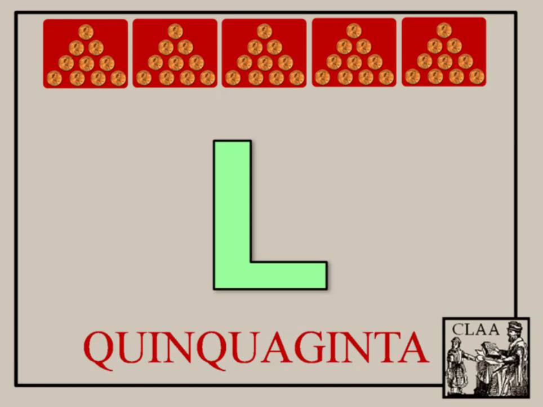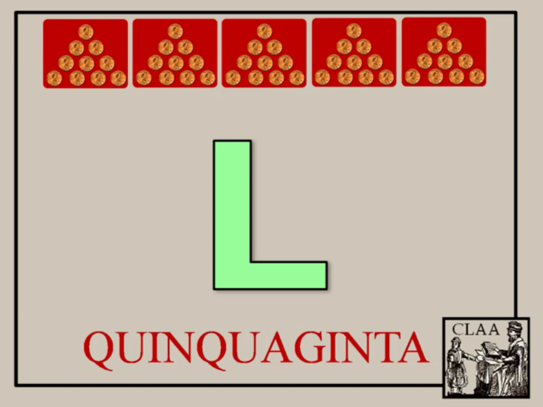If we have 5 sets of 10 in English, we say 50. The Latin number for 50 is quinquaginta. Quinquaginta is symbolized by the letter L. 5 sets of 10, 50, quinquaginta.